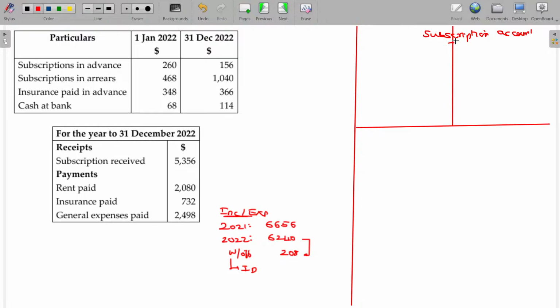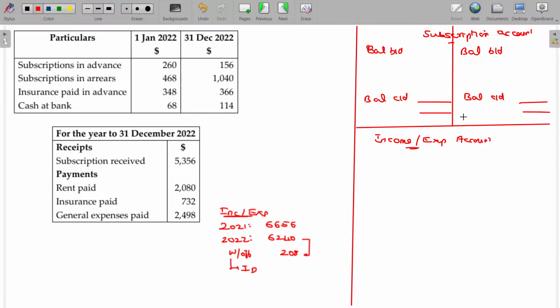You finish off writing the format here: balance brought down, balance carried down, balance brought down.